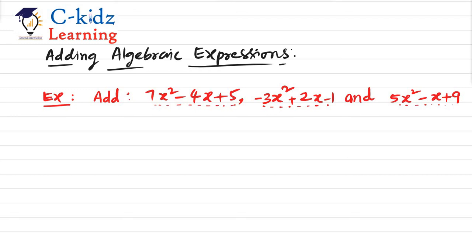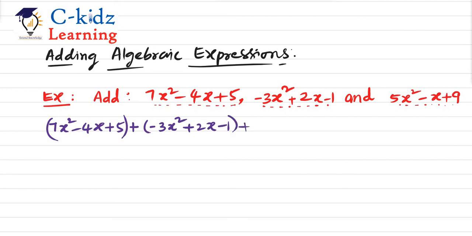So let me write first the required equation. 7x square minus 4x plus 5, this is the first one, plus the second one, minus 3x square plus 2x minus 1, plus 5x square minus x plus 9. I have written all this.